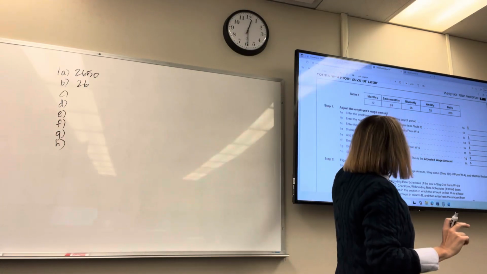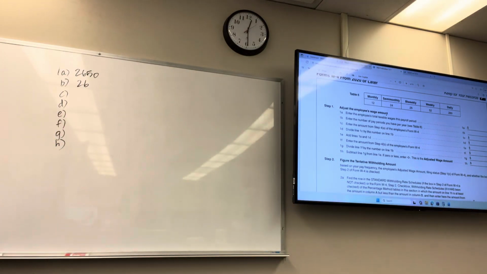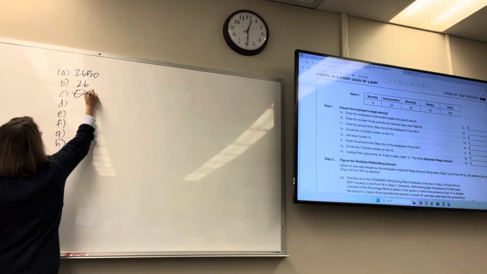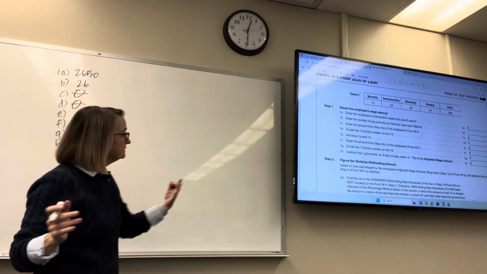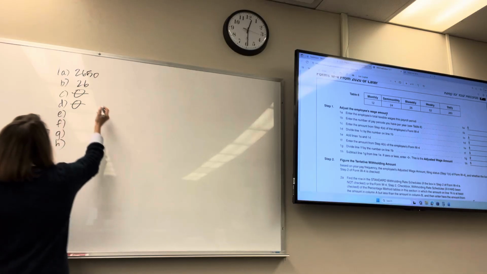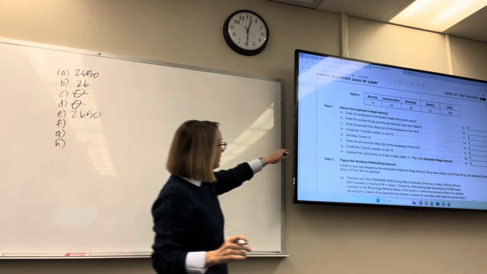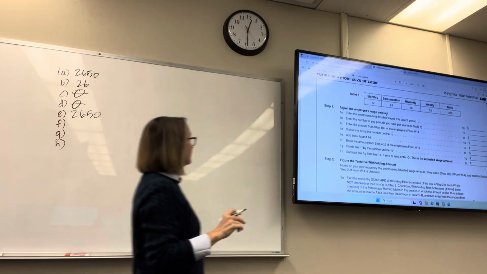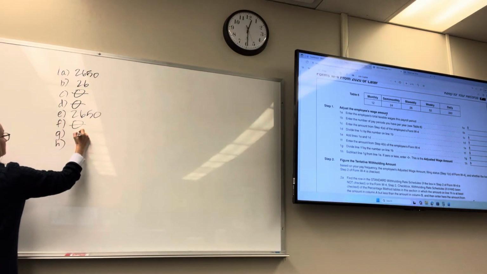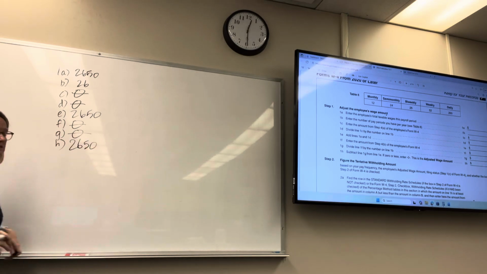C, amount from step 4A of the employee's W-4, we don't have anything in 4A, so that's a 0, which means that D is also a 0 because we'd be dividing it by the amount on 1B. Add lines 1A and 1D. So 2650. Also, we don't have anything on step 4B, so that's a 0. And G would be a 0, which means that this ends up being the 2650. Okay, so easy problem for figuring the adjusted wage amount.